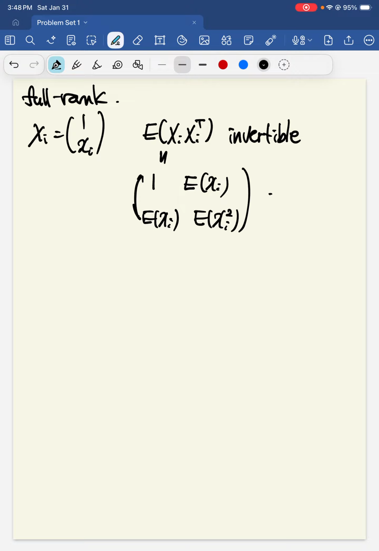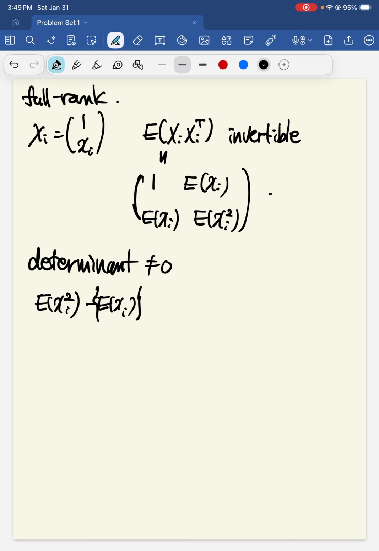Okay? For this matrix to be invertible, its determinant should be nonzero. And the determinant equals AD minus BC. Right? This guy. So you just need to calculate this and this, which is simple. Let's check.